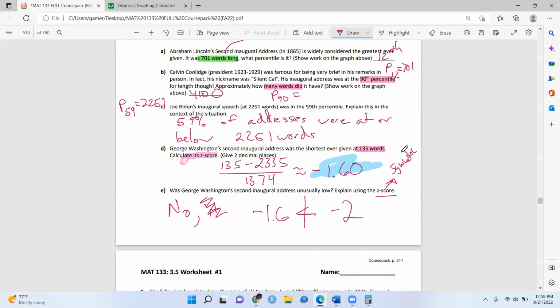Okay, how we doing, y'all? So I think this worksheet is due this Sunday, right? And I need to apologize.